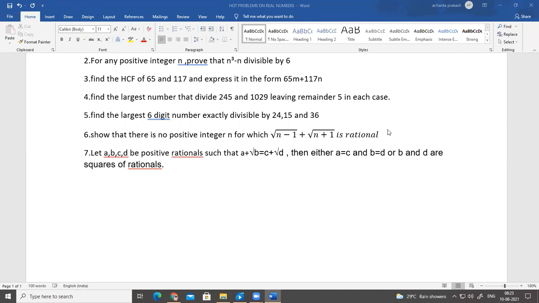Sir, actually, first I started with 245, sir. So I took the table of 24, so that 5 can remain, sir. In the first case, I'm checking the second one, sir.